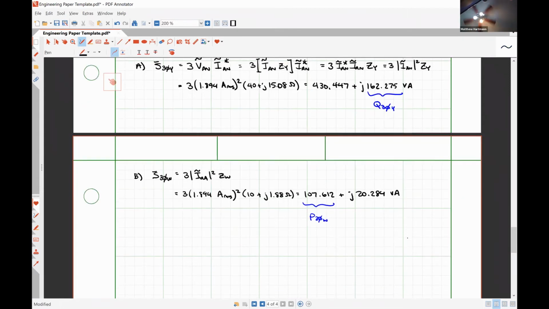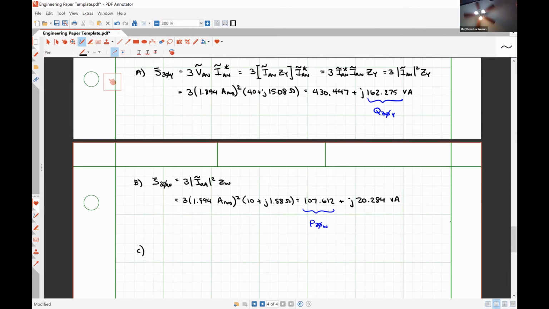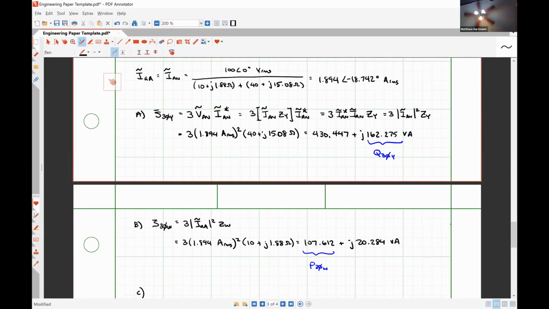So for part C, the only thing that we've determined in this whole thing thus far, really, is the current. So we know the current flowing through everything, and we know the voltage drop over it.